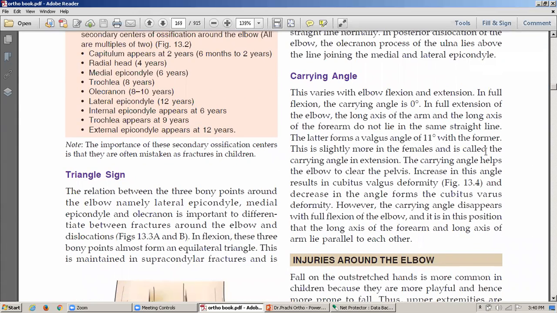The carrying angle helps the elbow to clear the pelvis. An increase in this angle results in cubitus valgus deformity, and a decrease in the angle forms cubitus varus deformity. However, the carrying angle disappears with full flexion of the elbow, and in this position the long axis of the forearm and the long axis of the arm lie parallel to each other.